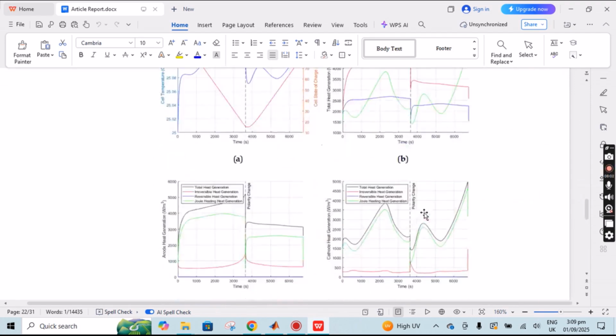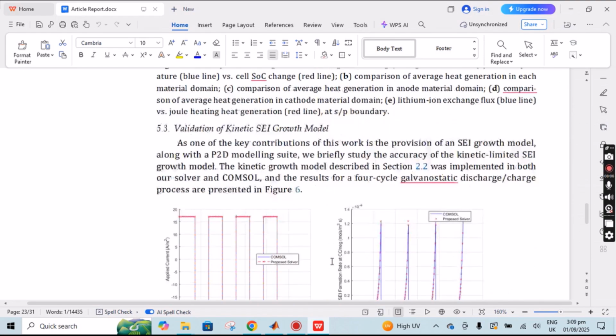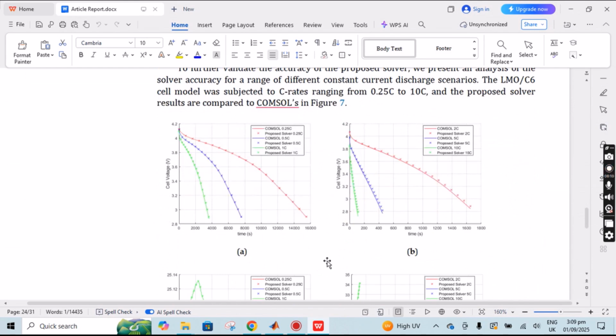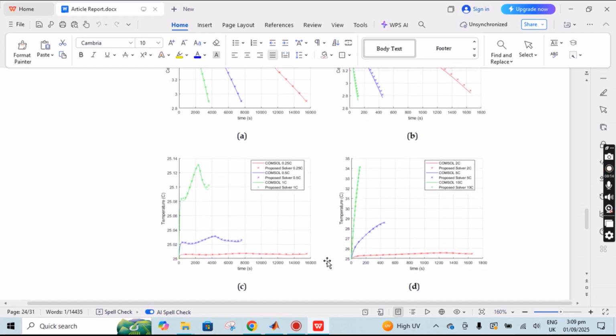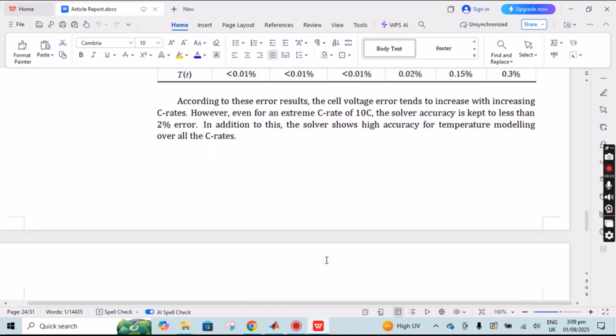All the graphs are added separately and explained very well in this paper. You will understand better what is happening in this complete paper, and how the cell voltage, cell charge, cell temperature, its internal temperature, and its separator temperature behave, how the cathode works, how the anode works, how the separator works.